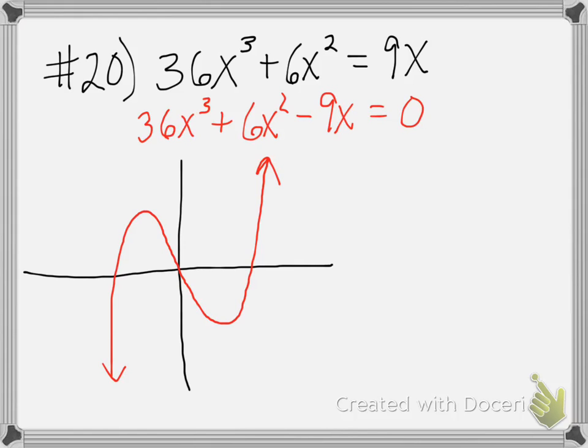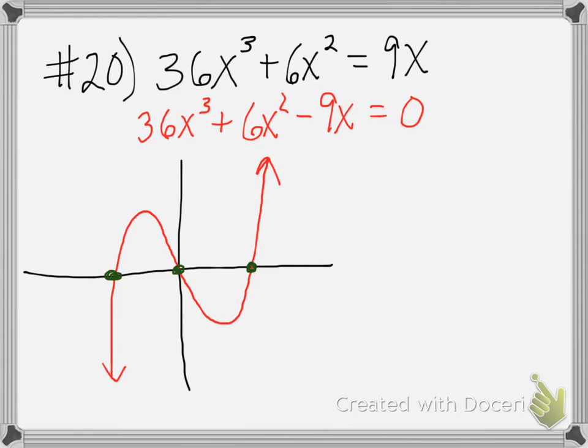So if you're going to solve this by graphing, I want you to realize that there's 3 solutions. There's 3 different x-intercepts. Okay? Here's the first one, here's the second, and here's the third. So to find those points, you got to do it one at a time.